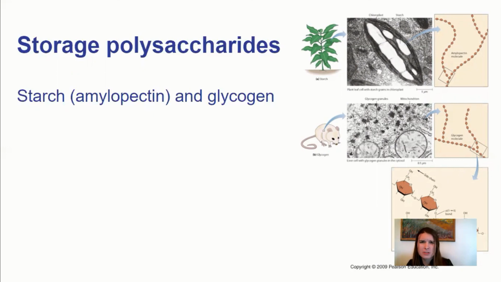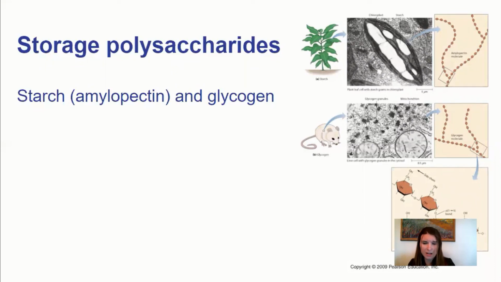Like potatoes are starchy, so that's a storage molecule in plants. And in humans and animals, we're going to see the molecule glycogen. So glycogen is a storage polysaccharide that you'll see in muscle tissue and in the liver that can be broken down for fast energy in humans.